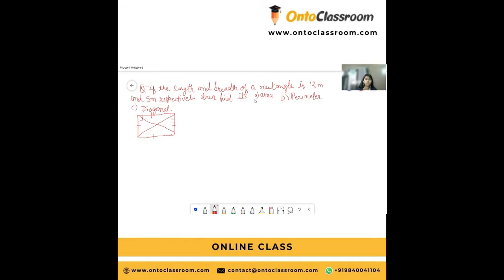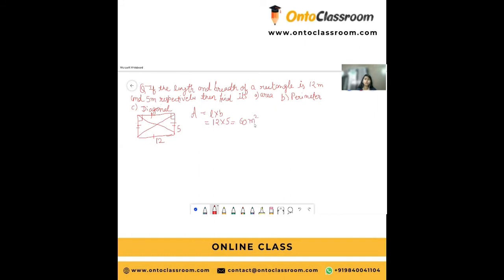So the area is length into breadth, and here the length is 12 meter and the breadth is 5 meter. So I will write it here. This is 12 length and this is breadth, this is 5. 12 multiply 5 gives you 60, and we also put the unit here, meter square.